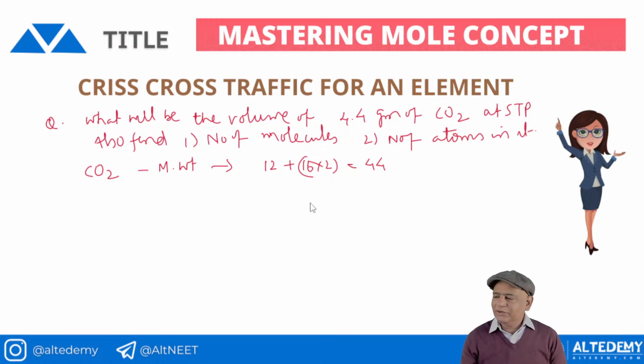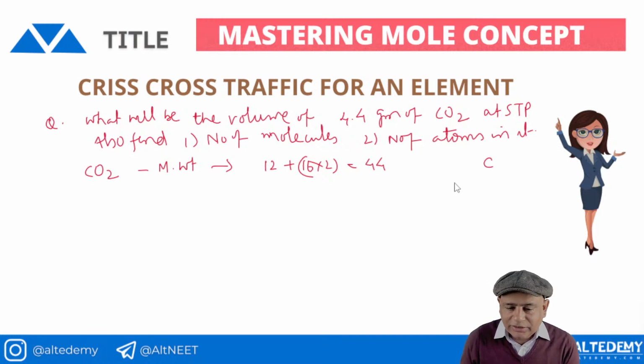Molecular mass of carbon dioxide, you're writing 32. You're writing 22. It is 44. Carbon dioxide, I'm asking molecular weight. Look, for carbon, atomic number is 6. Atomic weight is 12. For oxygen, atomic number is 8.